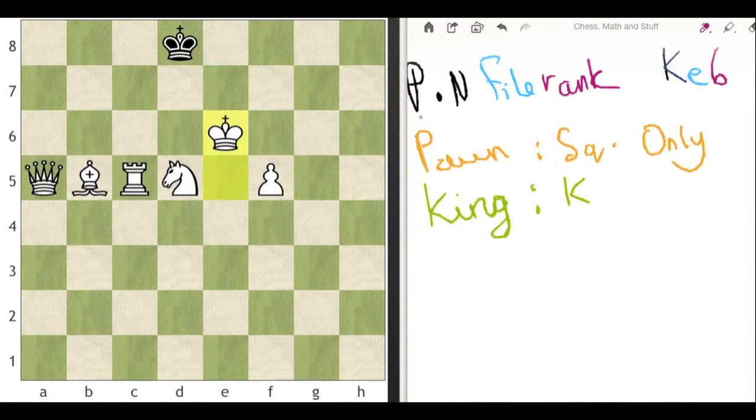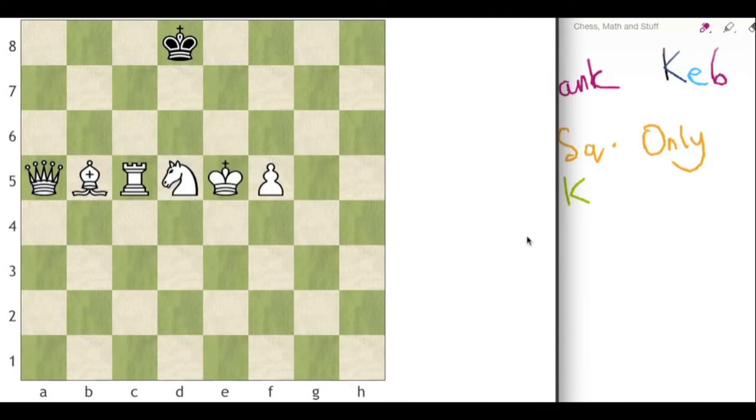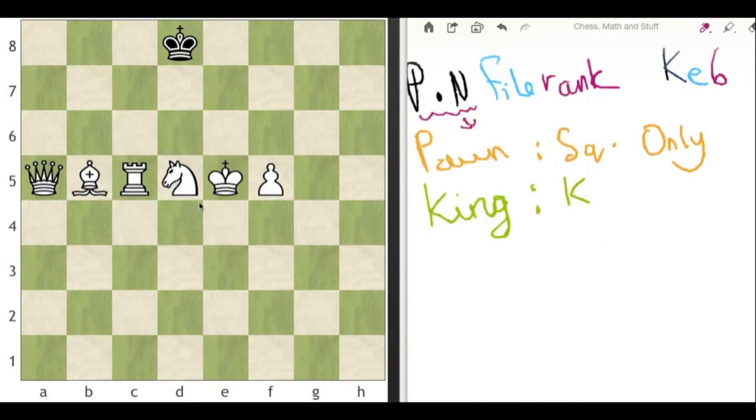Maybe I should just write that here. These are your piece names, just so you know. So king is K. Let's go further down left. We have the knight, but even knight starts with the letter K, and K is taken by the king.